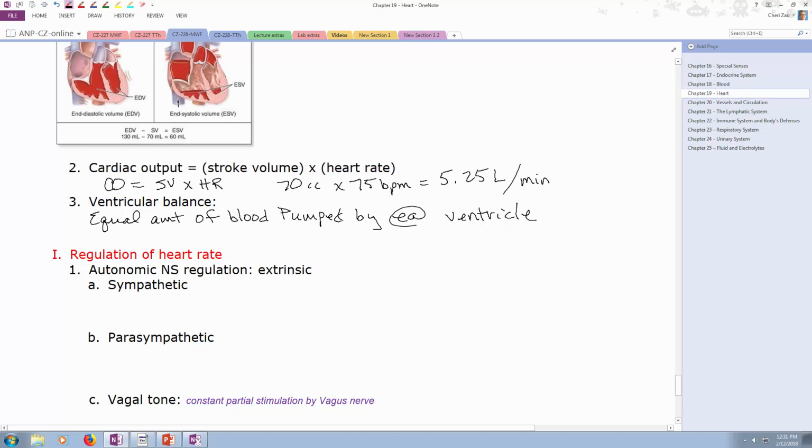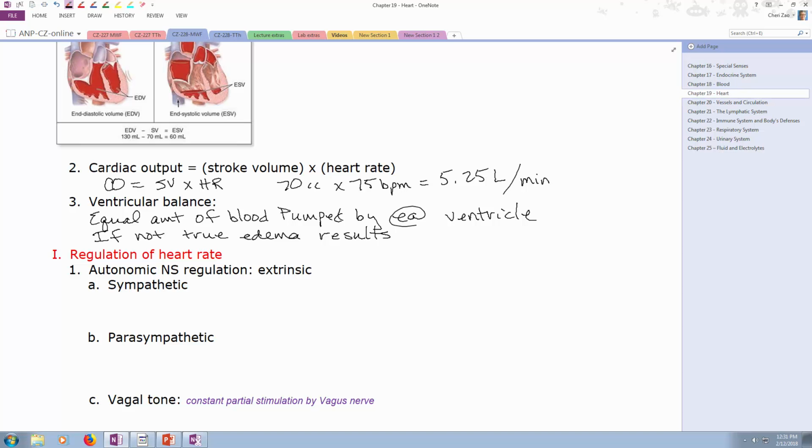If this wasn't true, we'll end up with edema along the way. So if the left pump is not ejecting, if whatever is happening to the left pump is not properly allowing the proper volume of blood out into the systemic circuit, that means we're getting a backup of pressure along the way.